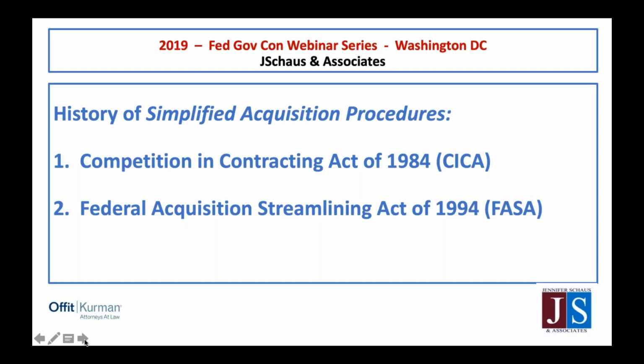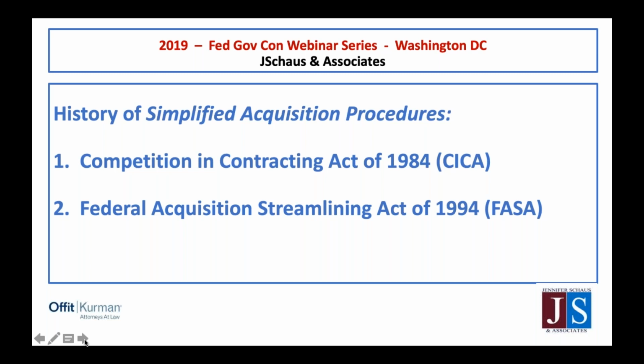Smaller companies with lower overheads would be able to compete on a basis that was more fair and equitable to them. Over the course of time, it became generally recognized that the procurement process had become overly complex and burdensome.